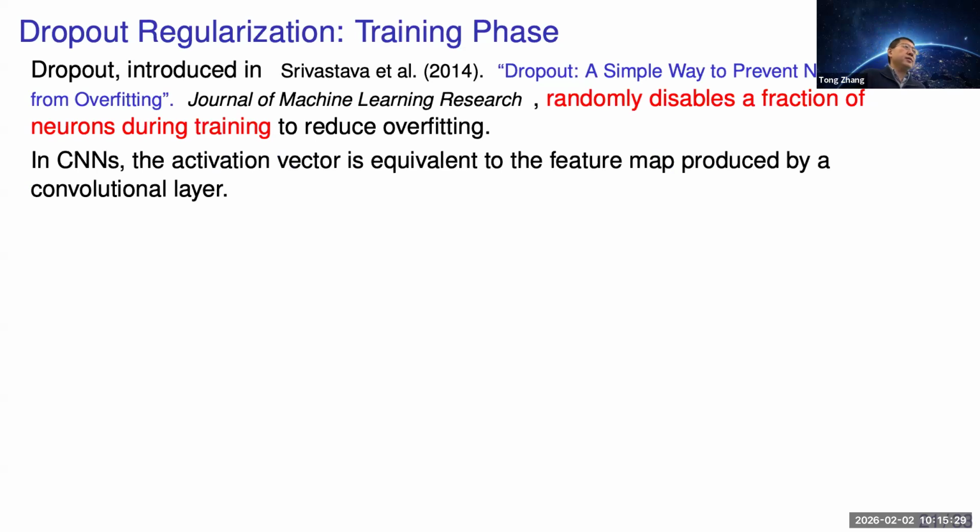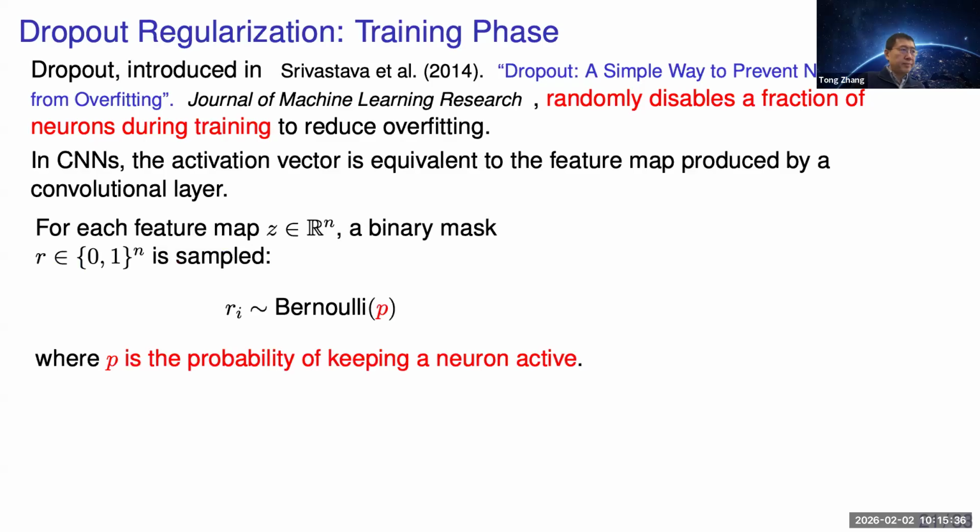But basically, activation is a feature map produced by convolution. Then you say, I will do a dropout to that. What it does is the following. According to just literally the words, randomly disable a fraction. At the feature map layer, for all the feature maps, or all the outputs before your nonlinear layers, you are sampling, right?